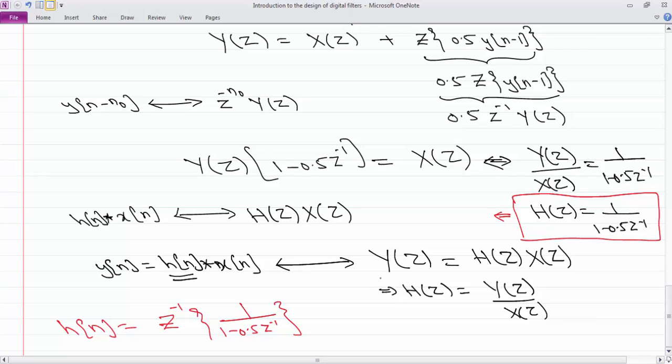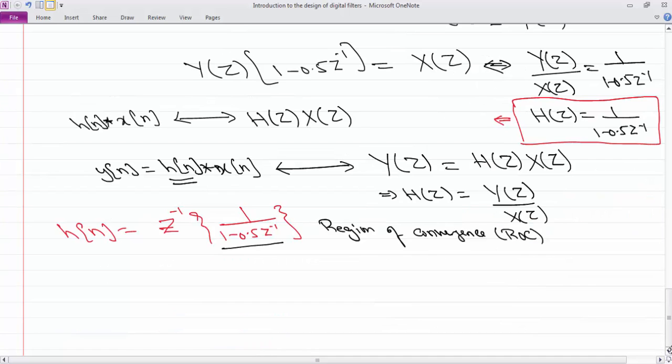So to find the inverse Z transform, it's not just enough for us to have this, we also need the region of convergence, or ROC. Okay. Now there are two ROCs that can be associated with this sequence.